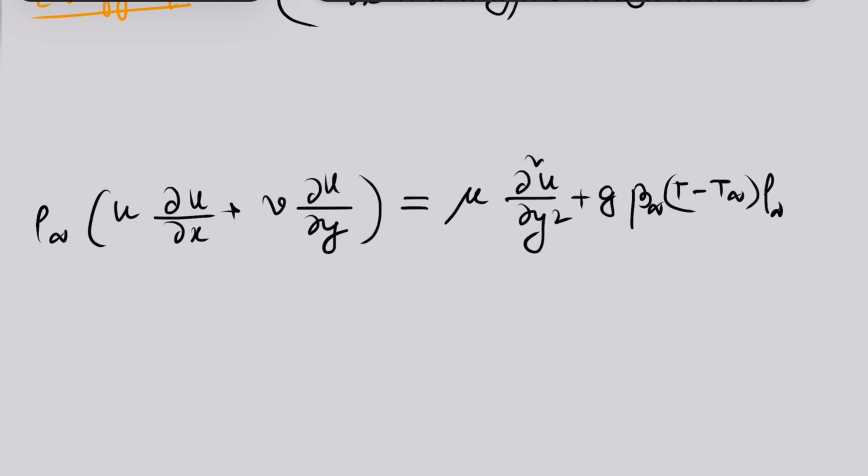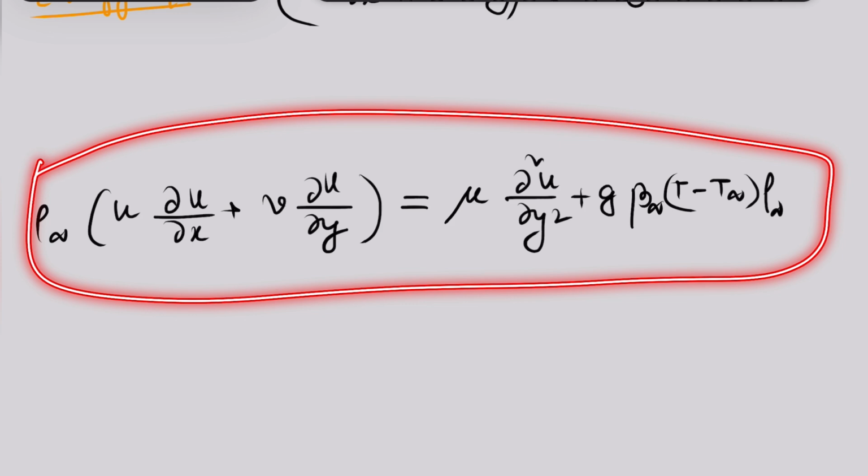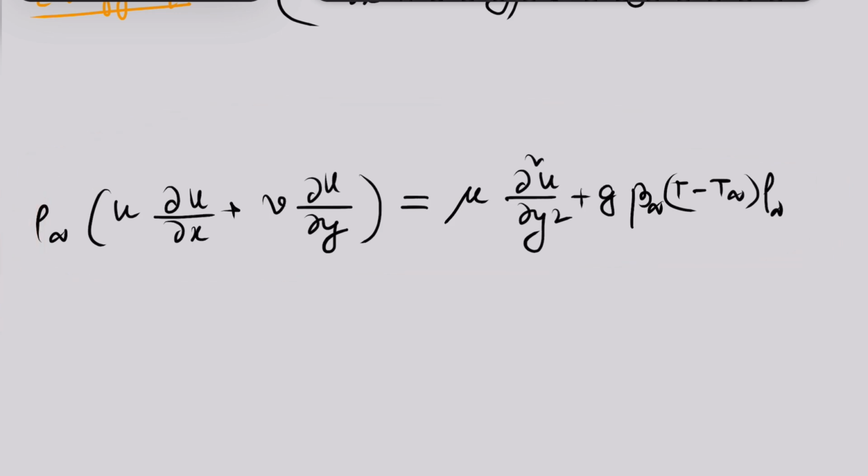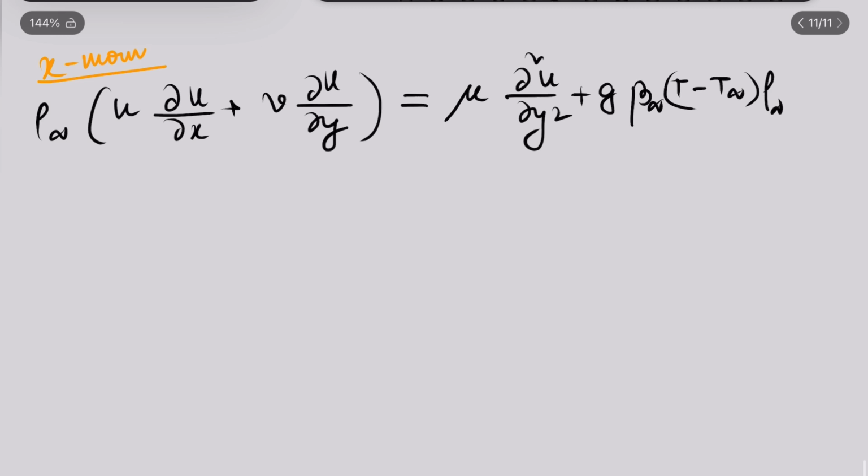The only assumption is that the continuum hypothesis is valid. From that we obtain the Navier-Stokes equation for a fluid. Then from the Navier-Stokes equation we have derived this equation after applying so many assumptions. So this should be your thinking, especially if you want to pursue higher studies or research.